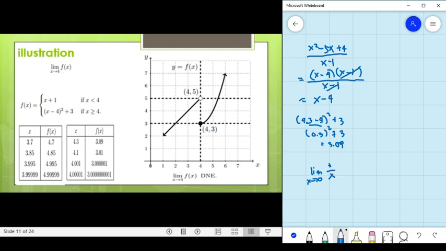Meaning, on the left are the less than values, and on the right are the greater than values. So, this direction may be specified in the limit notation of f of x as x approaches c by adding certain symbols.